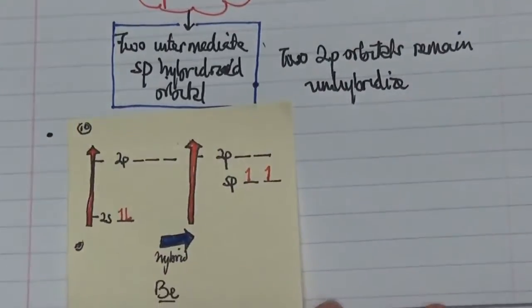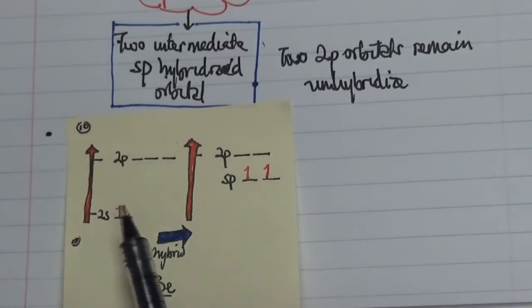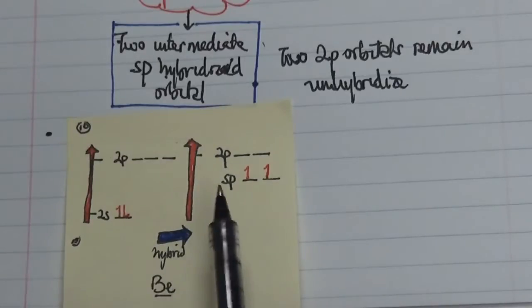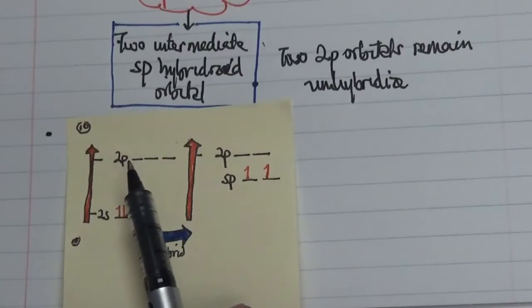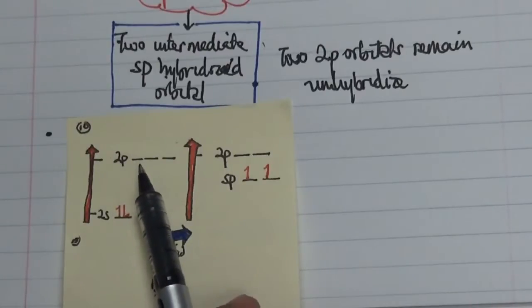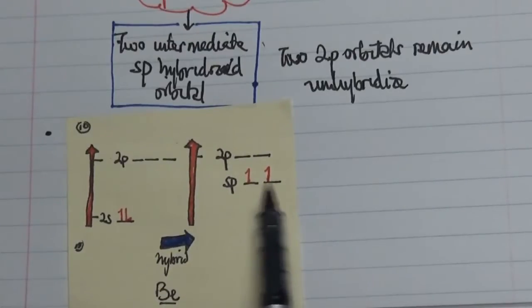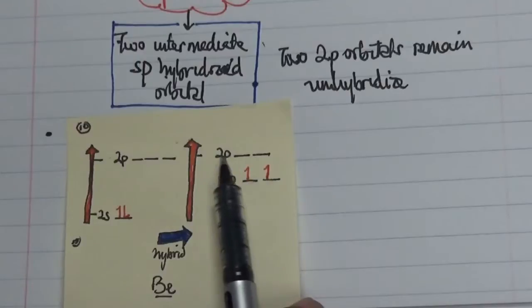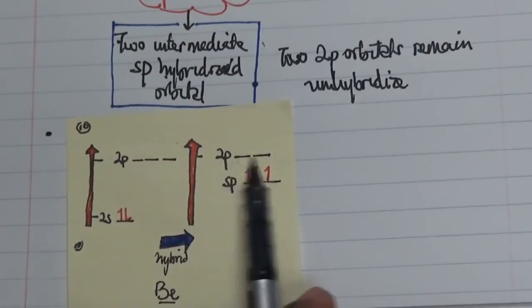So in this sticker here, we have before hybridization, beryllium having 2 electrons in the 2s orbital in its atomic state, and when it's being hybridized, 2 of the atomic orbitals, which are 2s and one of the 2p orbitals, will be hybridized to form the sp hybridized orbitals, leaving the remaining 2p orbitals unhybridized.